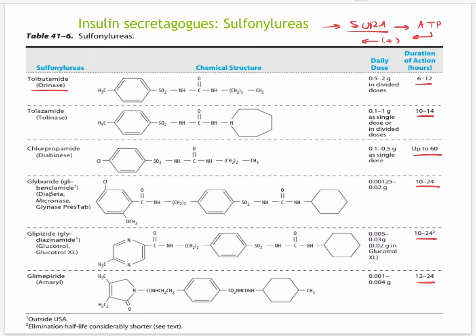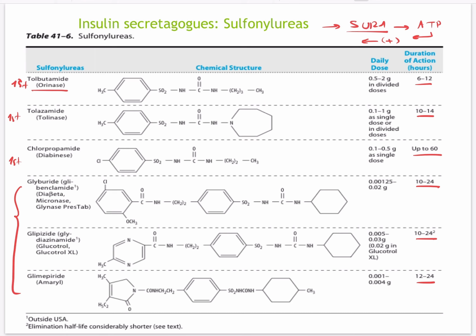And the first generation is tolbutamide, and also tolazamide, and chlorpropamide is the first generation, and other drugs are the second generation. Okay, what is different? All of these drugs are absorbed very well, and all of them can be metabolized.